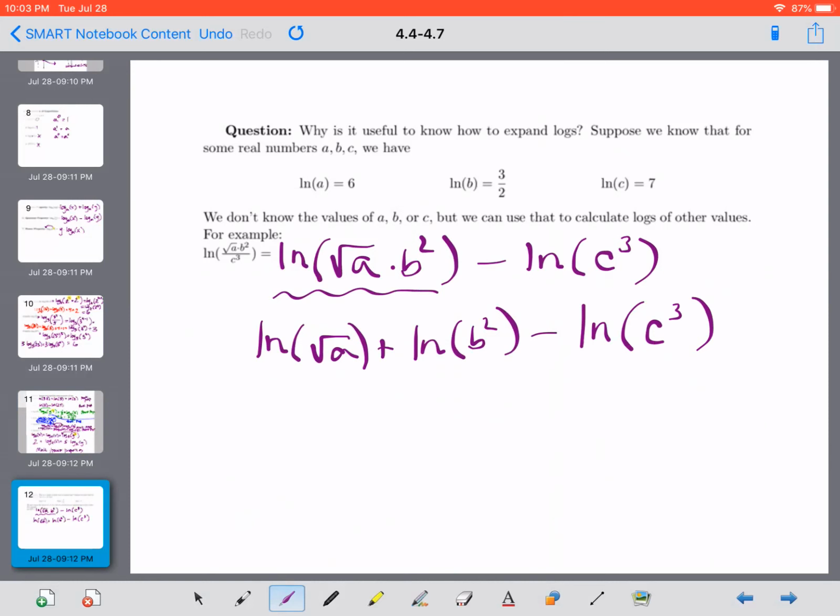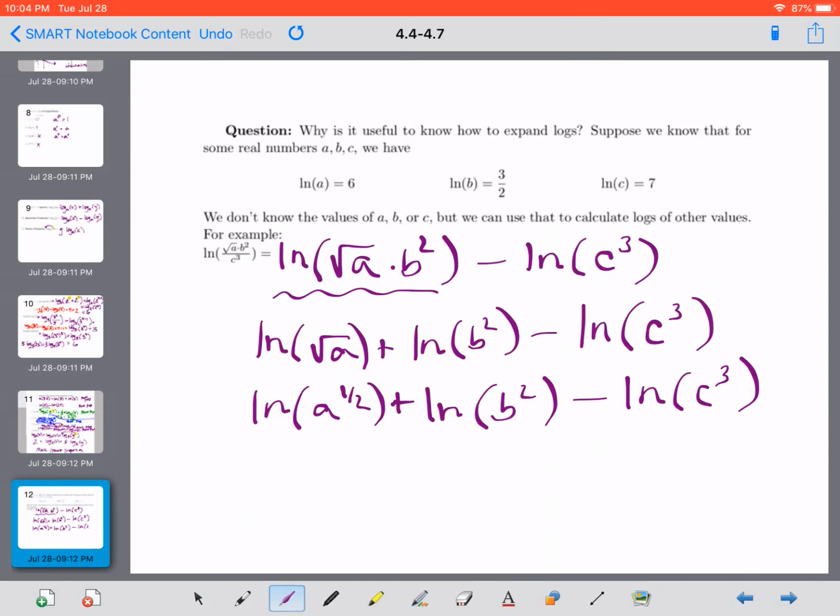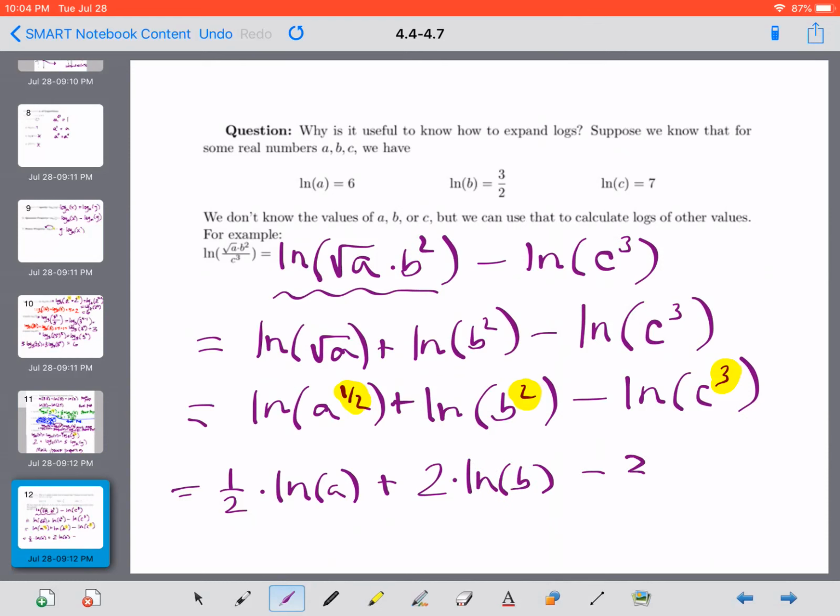In the first case I can rewrite this as ln of a to the 1/2 and then get rid of the exponent, pulling each one of my exponents out in front as multiplication. I can rewrite this as 1/2 times ln of a plus 2 times ln of b minus 3 times ln of c.